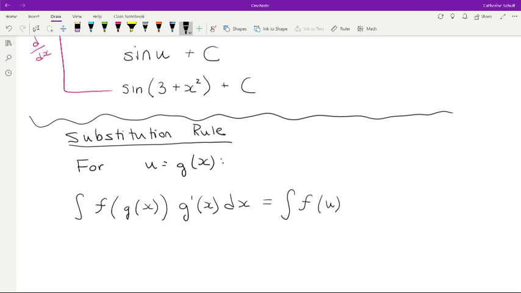And honestly, the rule in general looks a little bit more confusing than what we actually do. I think it's a little bit easier in practice. All right, but that's our substitution rule. Let's practice it.